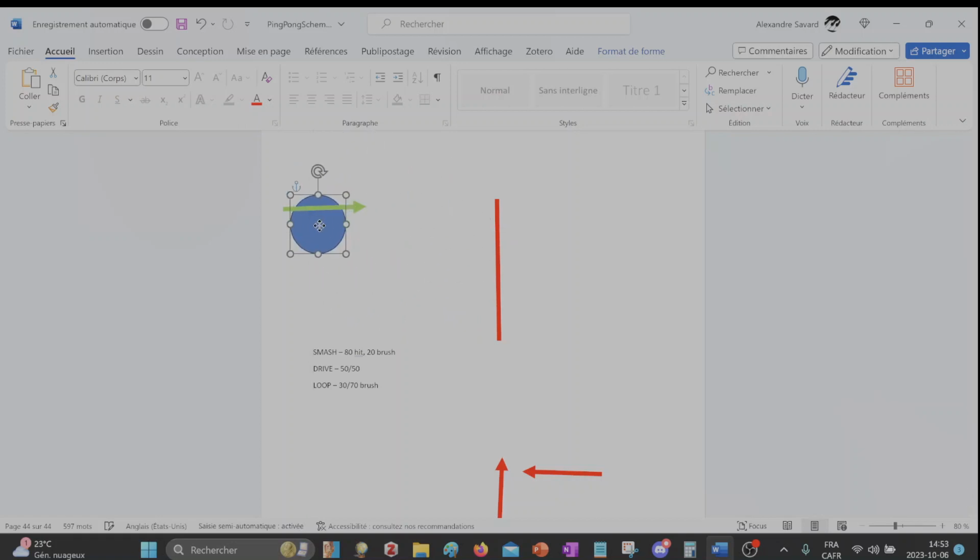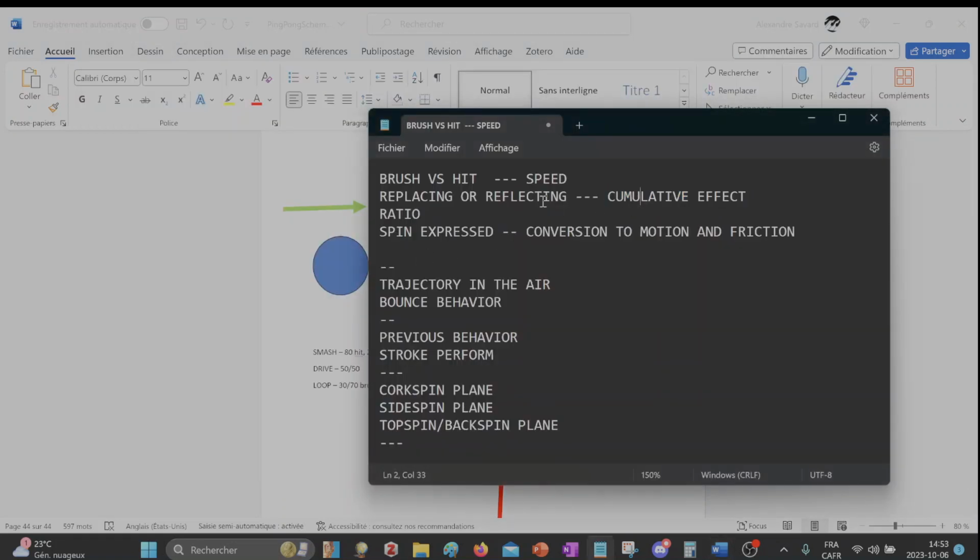And if the other player also just reflects it, maybe now it's going to be something like 50. So we could play like this until there's no more energy because of the friction, from the friction on the air, friction on the table, friction on the rubbers. Eventually, it's just going to wear down. But as long as we keep touching, or we don't compensate fully, or we don't brush the ball sufficiently to cancel out the spin, then there is a cumulative effect, right?